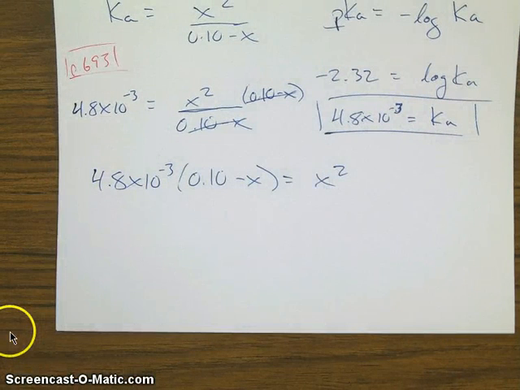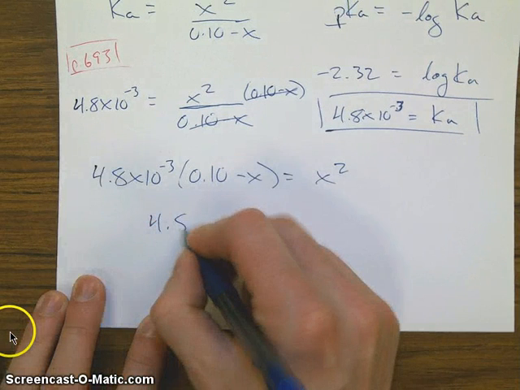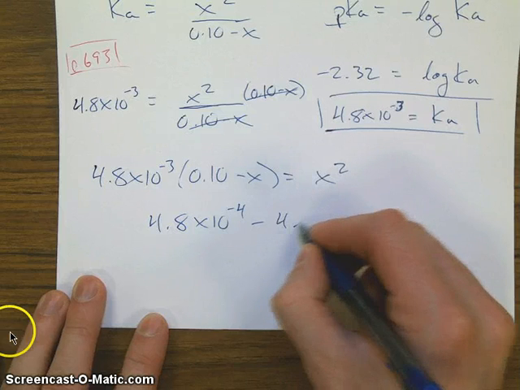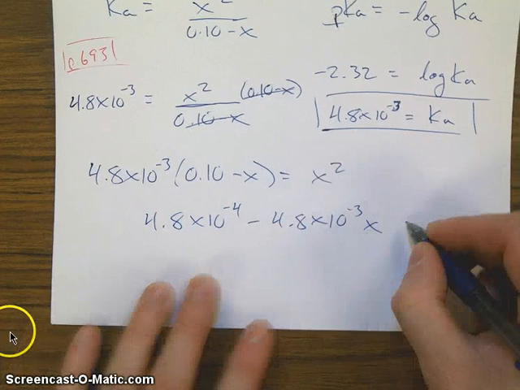So it's 4.8 times 10 to the -3rd times 0.1, which gives me 4.8 times 10 to the -4th minus 4.8 times 10 to the -3rd x equals x squared.